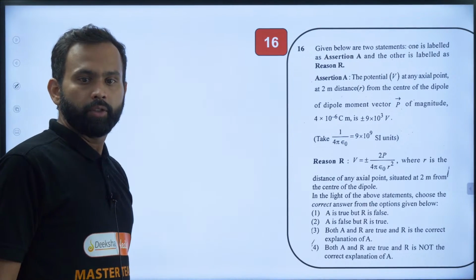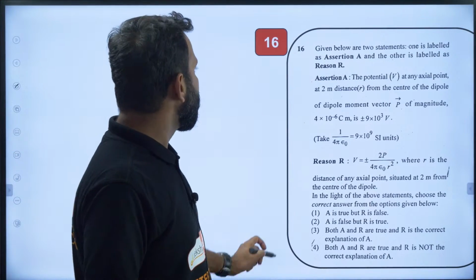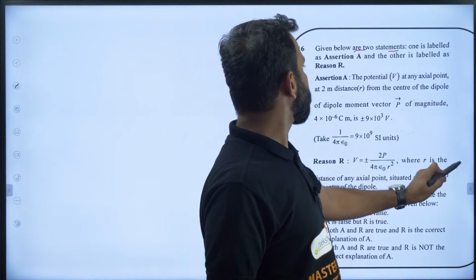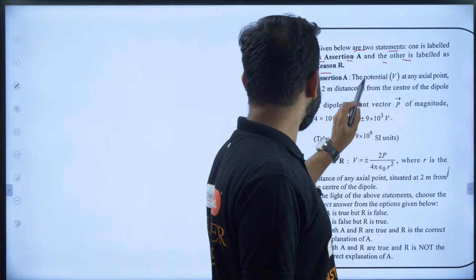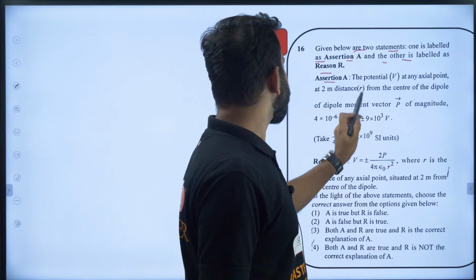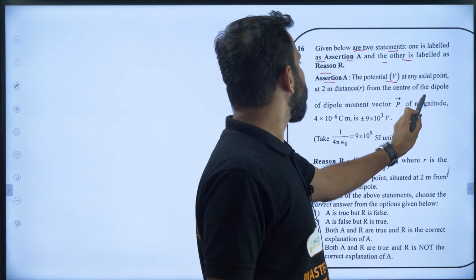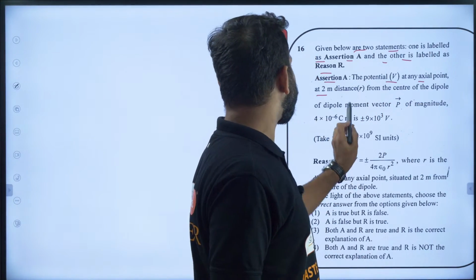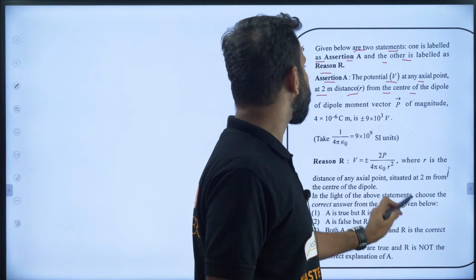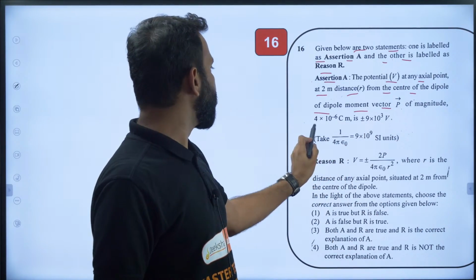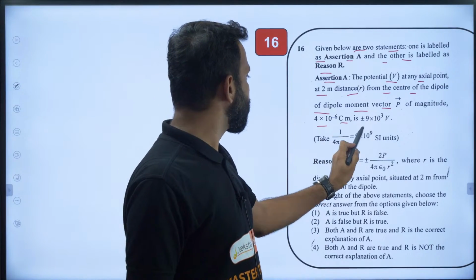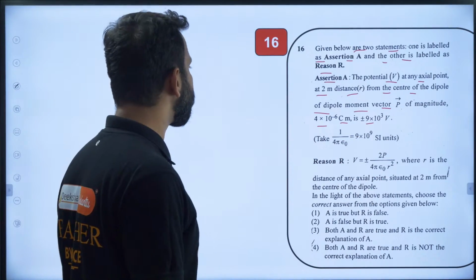Question number 16. Given below are two statements. One is labeled as assertion and the other is labeled as reason. Assertion A: the potential V at any axial point at 2 meter distance r from the center of the dipole moment vector P of magnitude 4 into 10 to the power minus 6 coulomb meter is 9 into 10 to the power 3.